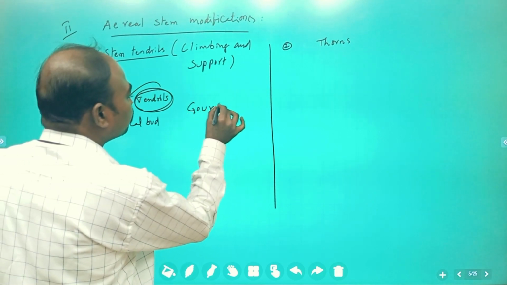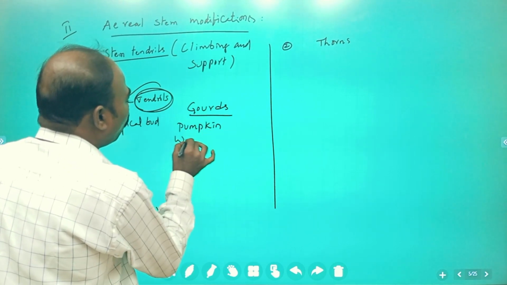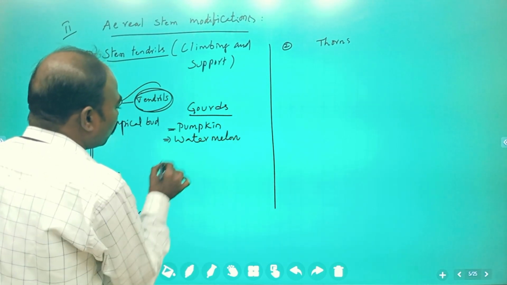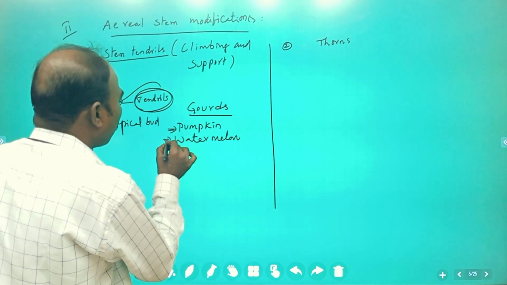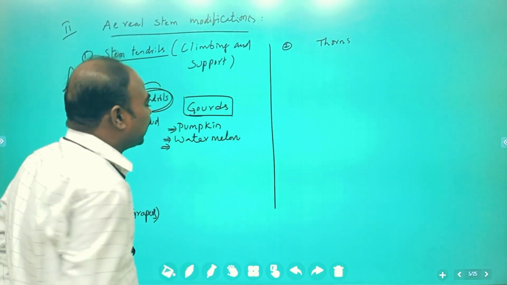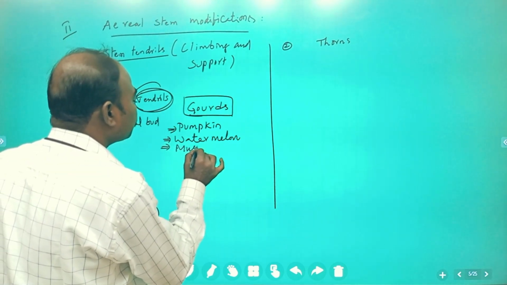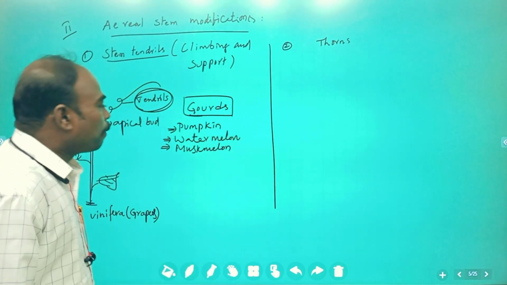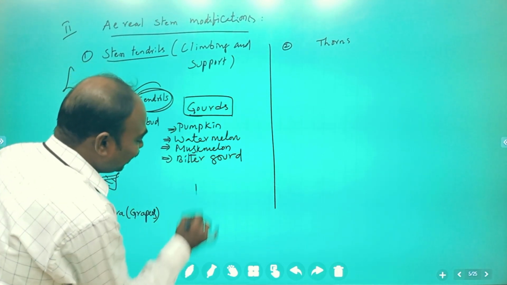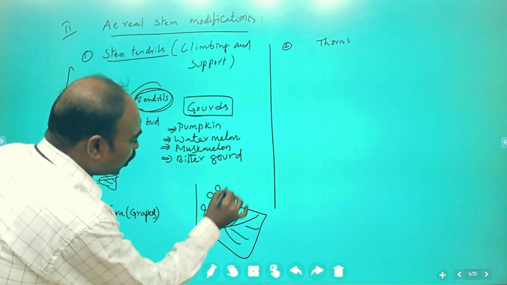In gourds, such as pumpkin, watermelon, that is, plants belonging to the Cucurbitaceae family like pumpkin, watermelon, muskmelon, bitter gourd, sour gourd, the tendrils are developed from the axillary buds of the leaf.